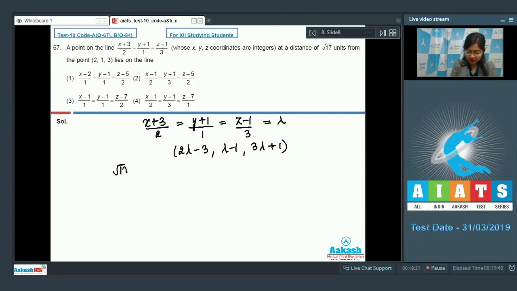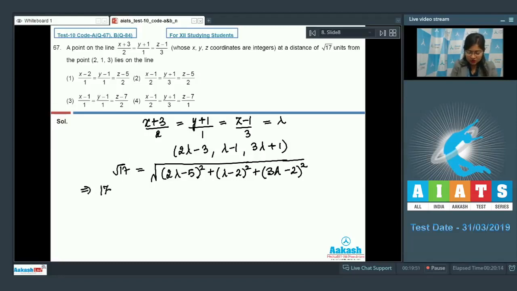So by the distance formula we can write root 17 equal to under root of (2 lambda minus 3 minus 2, that is 2 lambda minus 5) whole square, plus (lambda minus 1 minus 1, that is lambda minus 2) whole square, plus (3 lambda plus 1 minus 3, that is 3 lambda minus 2) whole square. So this is what has been given to us.